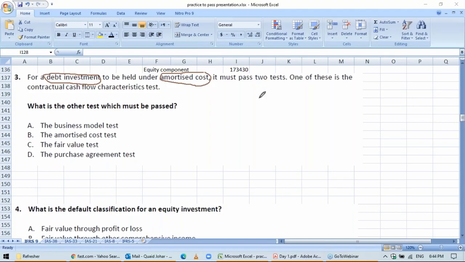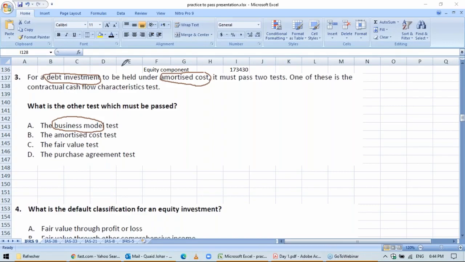it must pass two tests. One of these is the contractual cash flow characteristic test, right? What is the second one? The correct answer to this is it is a business model test. So two tests are to be passed. One of them is the contractual cash flow test, and the second one is the business model test, right?